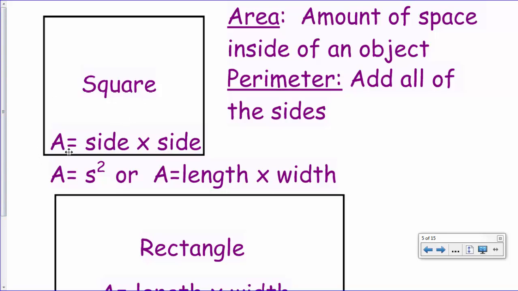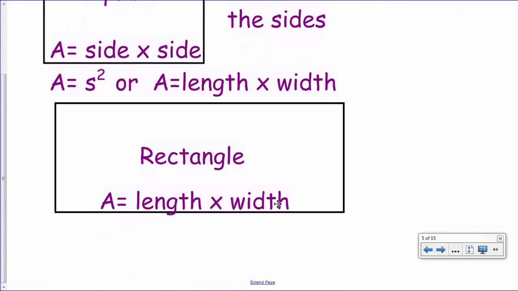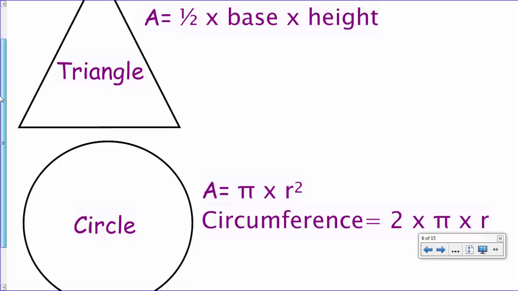A square has a formula of side times side, or side squared. Also, you could use length times width for a square, even though they're the same length and width. And a rectangle we know is length times width. For a triangle, we use the formula 1/2 times base times height, or sometimes people use base times height divided by 2.